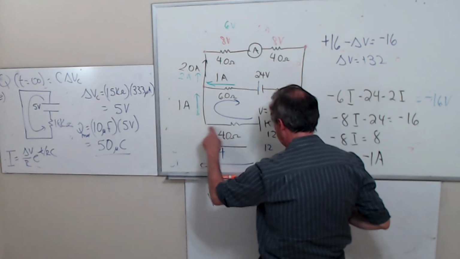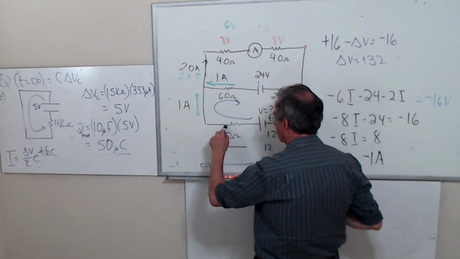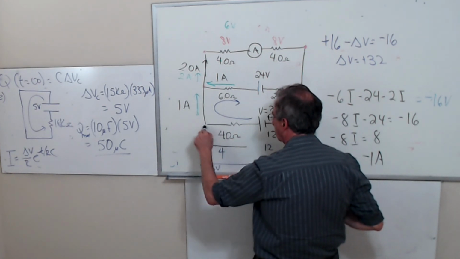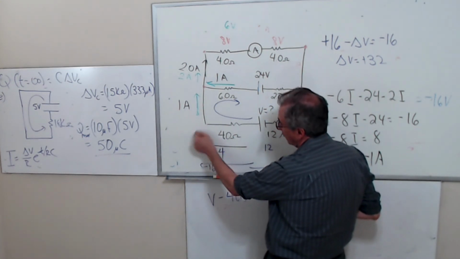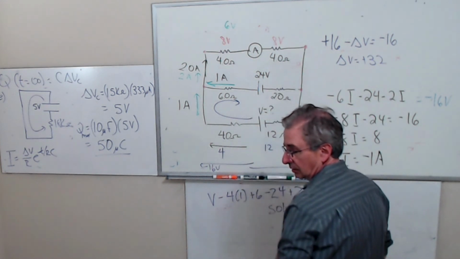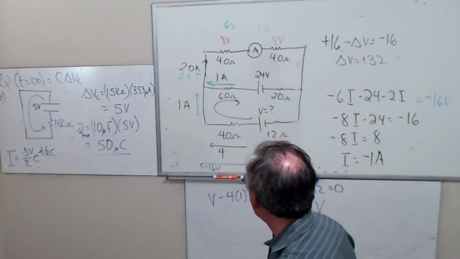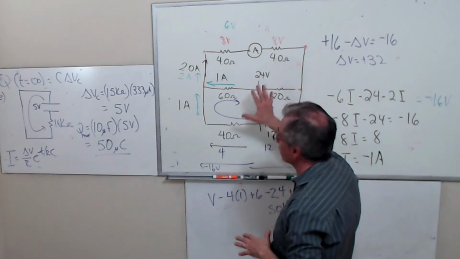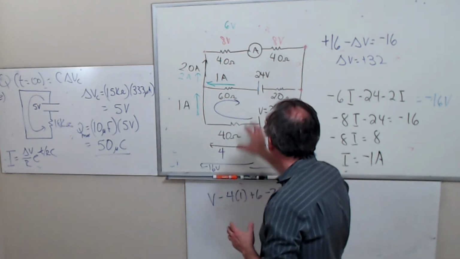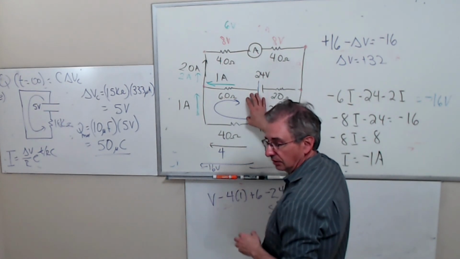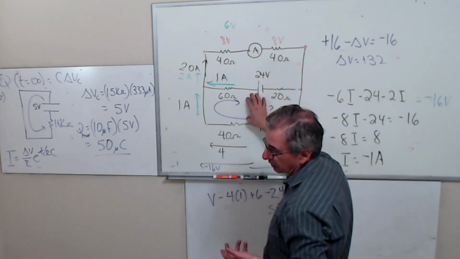There's no node here, no branching point. So the current here is 1 amp all the way around. The only way it would not be 1 amp is if it had a different path. But there's more than one way to do this problem. The way I did it, I got this part 2 different ways. But in the end, I'm using Kirchhoff's voltage law.